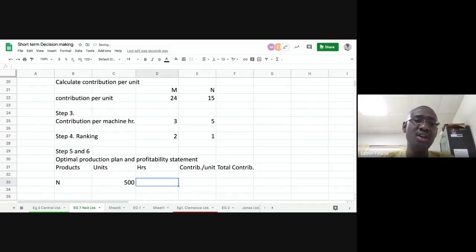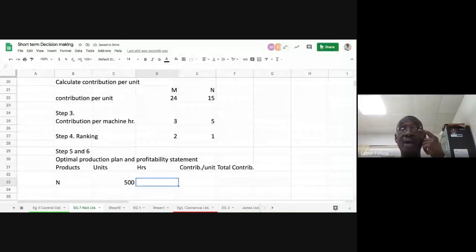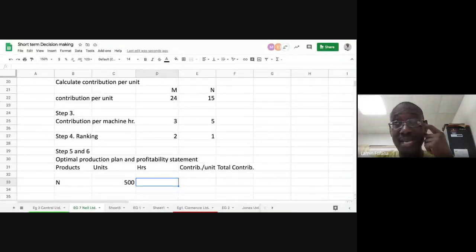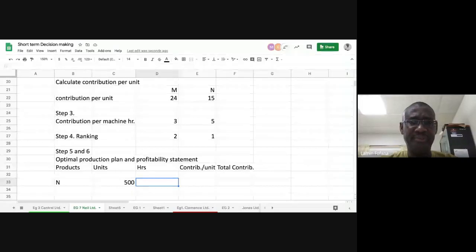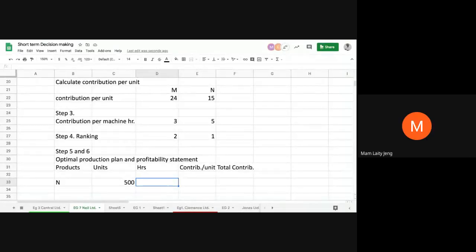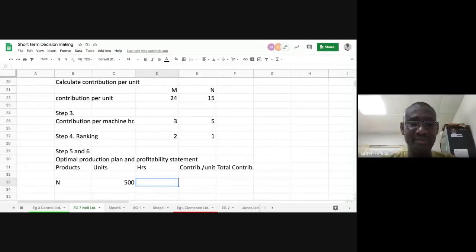So we're going to produce 500. If we produce 500 units of product N, how many hours would that take? How many hours does it take to produce 1 unit of N? 3. Okay, so we multiply that 3 by 500 units to get our total hours.